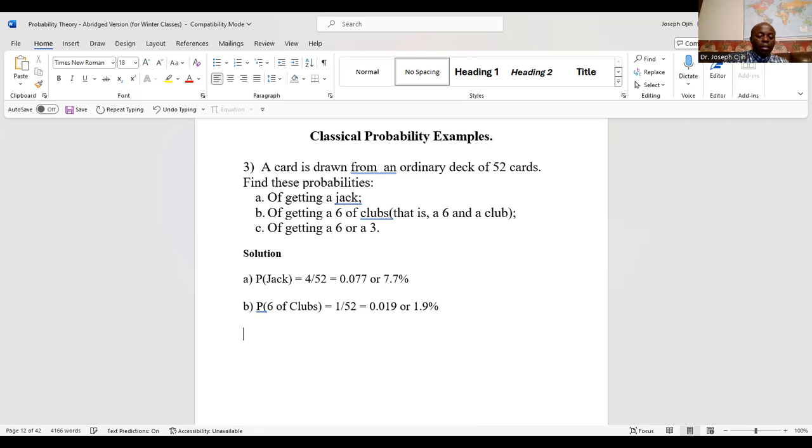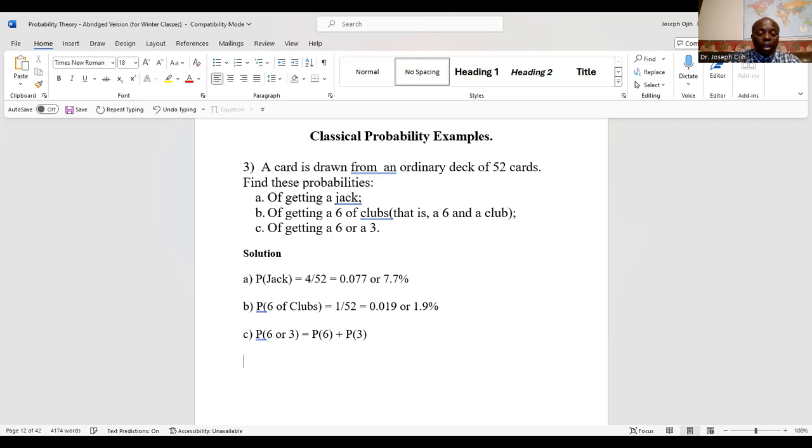All right. Part C, of getting a 6 or a 3. So we're looking for the probability of getting a 6 or a 3. That equals the probability of getting a 6 plus the probability of getting a 3.